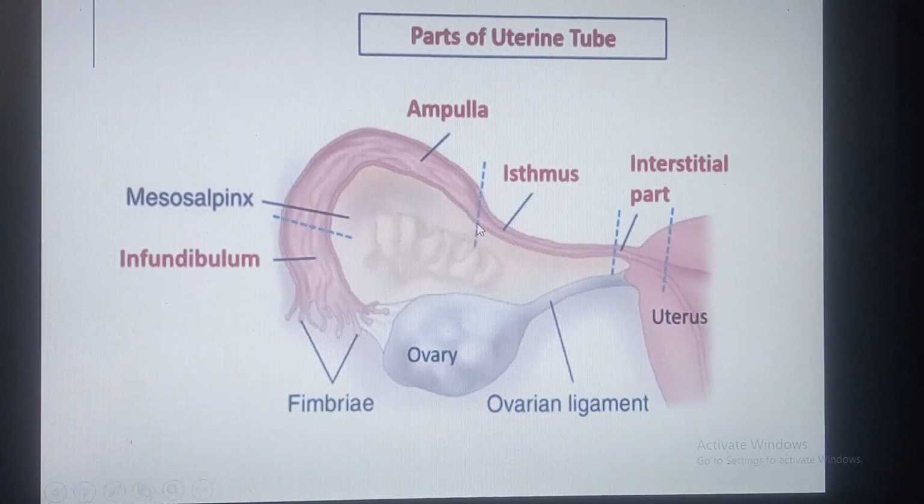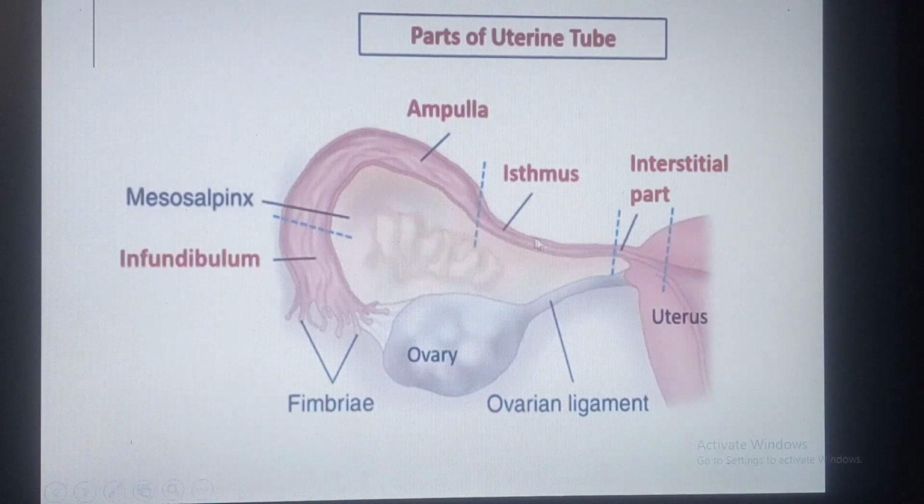Now we have the isthmus, which is the narrowest portion by way of diameter, although it's quite long, about 2 to 3 centimeters. Then the narrowest portion will be the interstitial part or the intramural part, which we are going to get to.